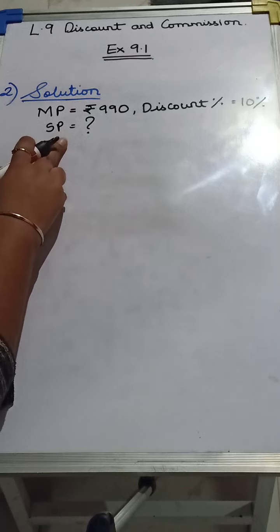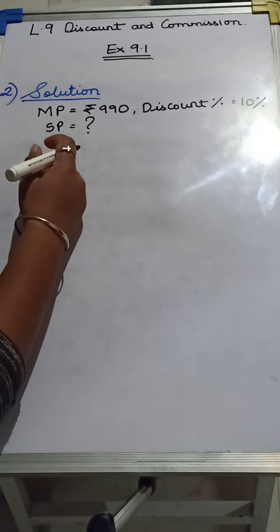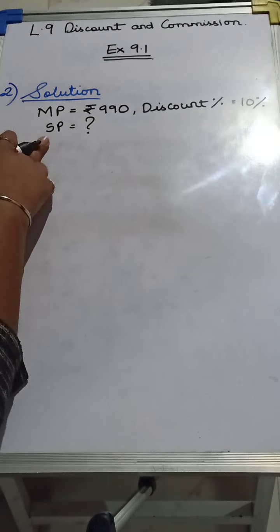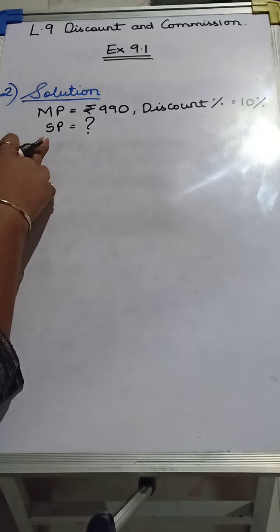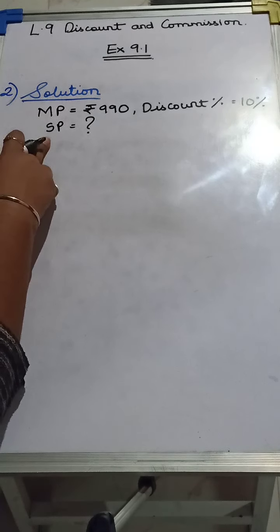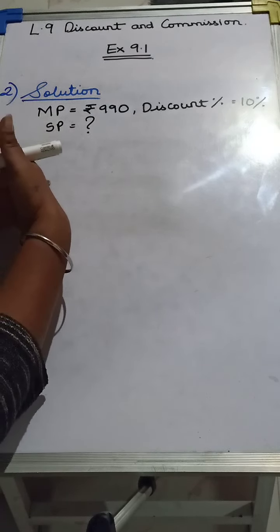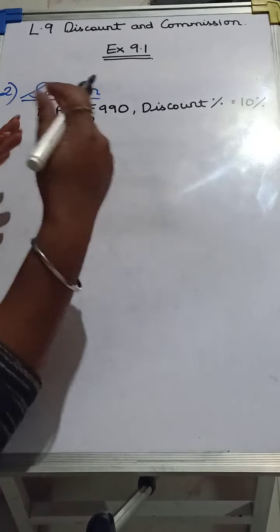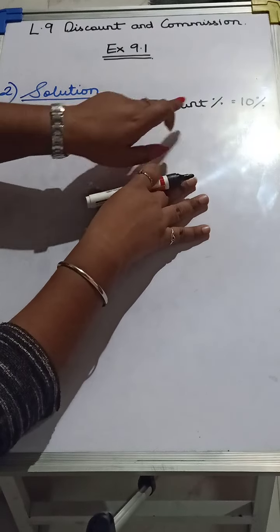Okay, so now before we start solving, we need to find the selling price. And to find the selling price, we need marked price and we need discount. But we don't have discount, we have discount percent.